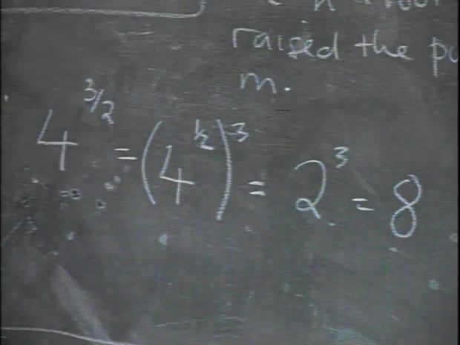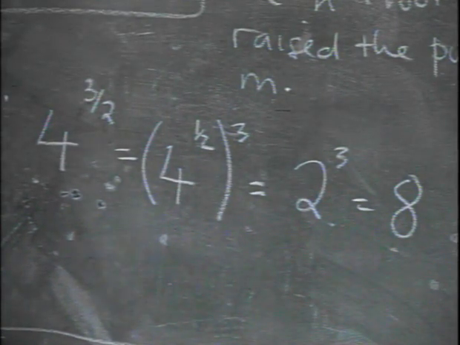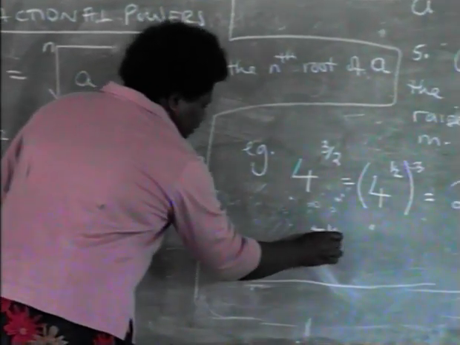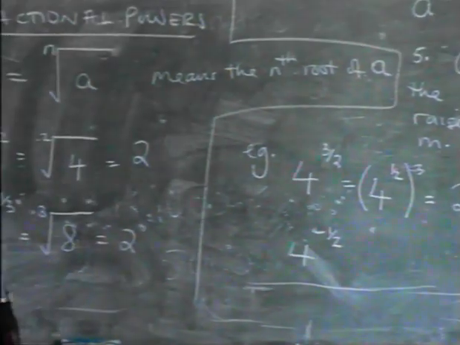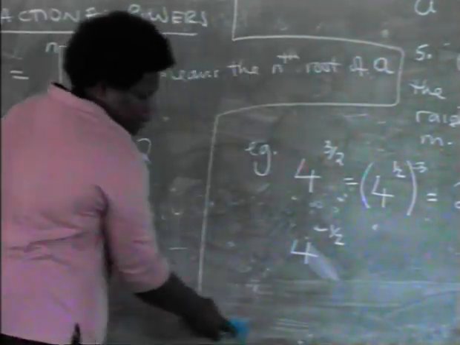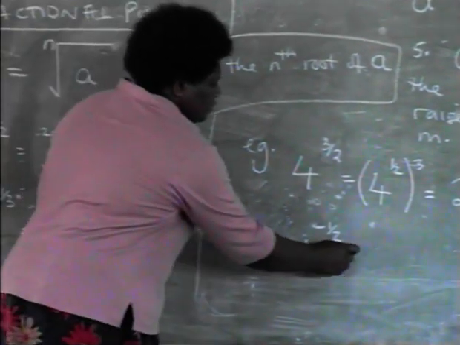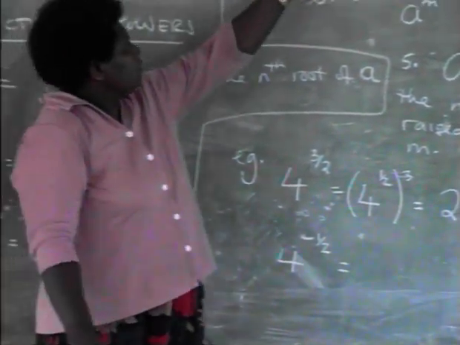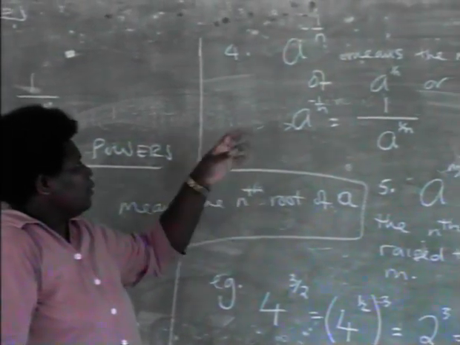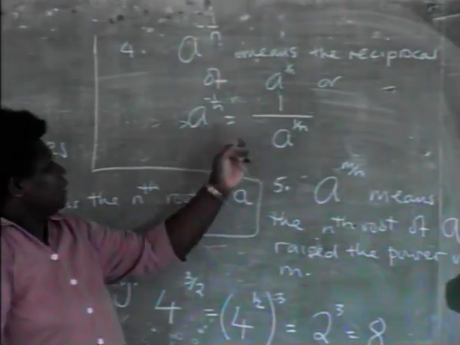Okay, I didn't give an example on that. I'm going to give another example. If I raise 4 to the power of negative a half, okay, this means a to the power of negative 1 over n means the reciprocal of a to the power of this, and I've just rewritten it down.